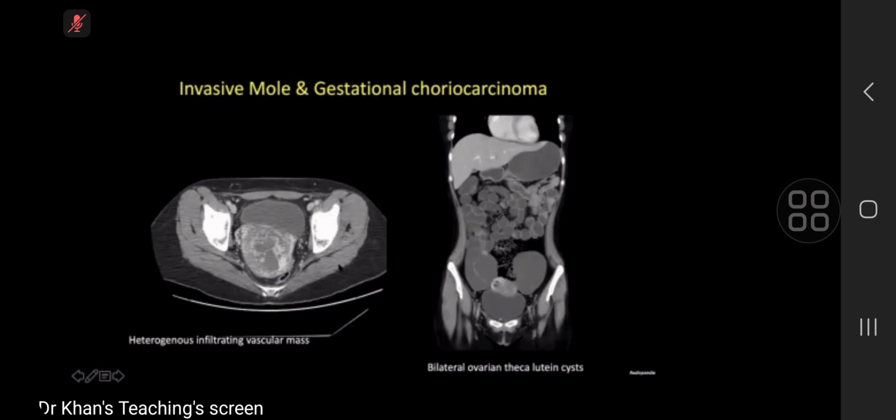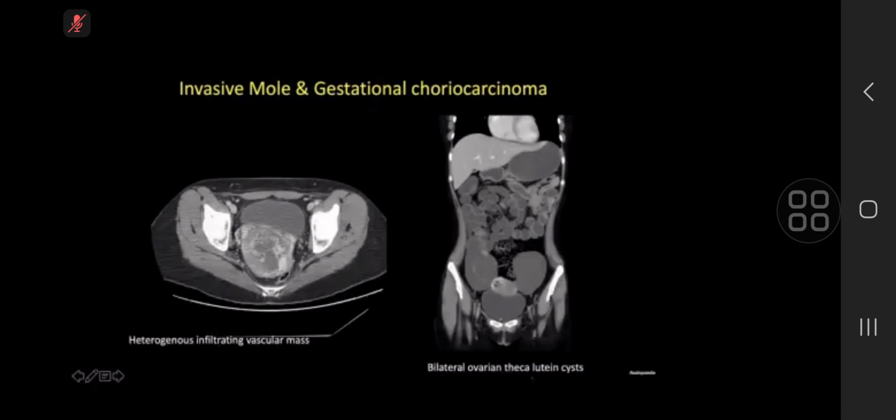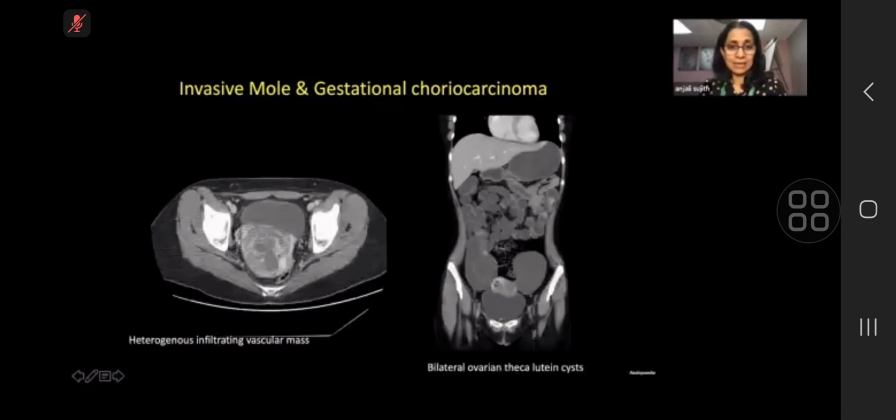So there are bilateral large adnexal cystic lesions with multiple thin enhancing septations. So they're the bilateral theca lutein cysts.